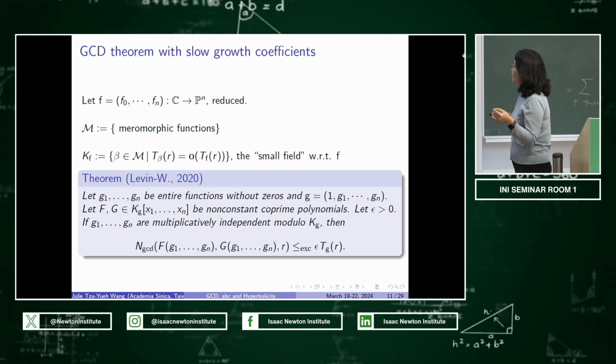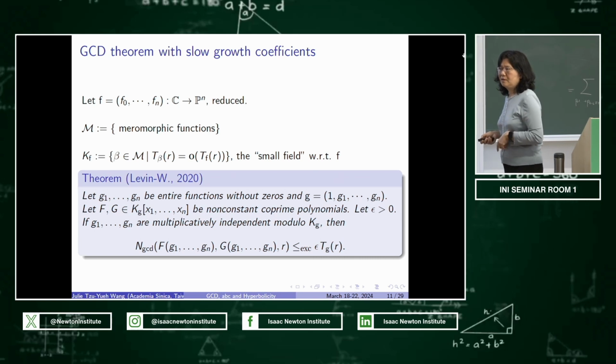And we can prove that if you have entire functions without zeros and you evaluate two homogeneous polynomials with slow-function coefficients, then you can have a GCD estimate, under the assumption that G1 to Gn are multiplicatively independent modulo the small functions.